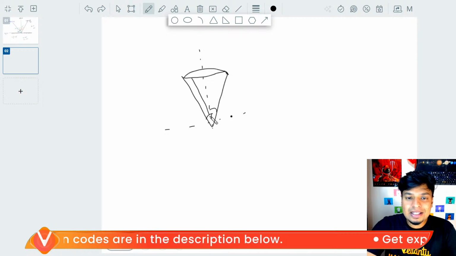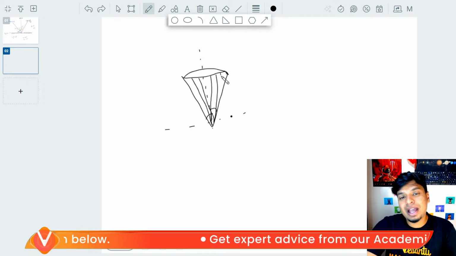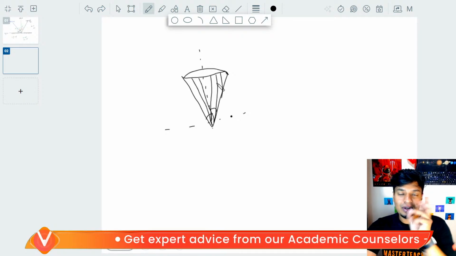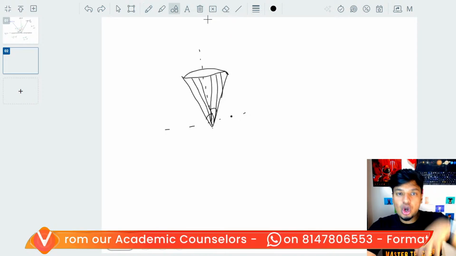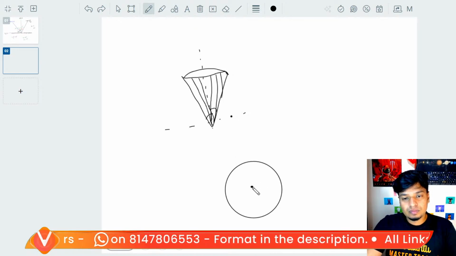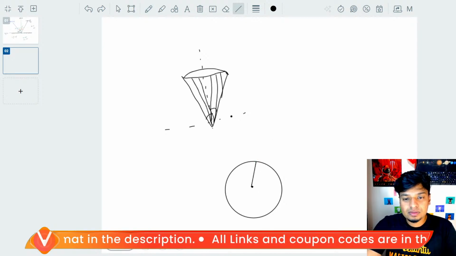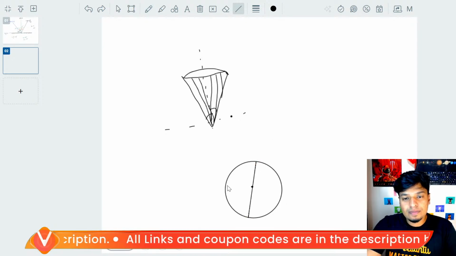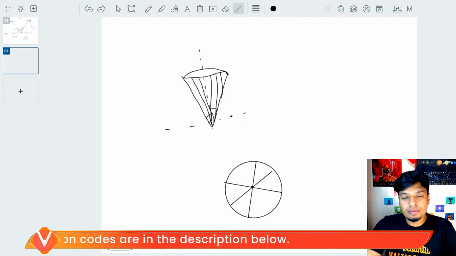You can draw as many lines as you can, and all those lines will have the same angle because it's a 3D model, right? For example, the top view will be like this. You will have so many lines, infinite number of lines because it's a cone.